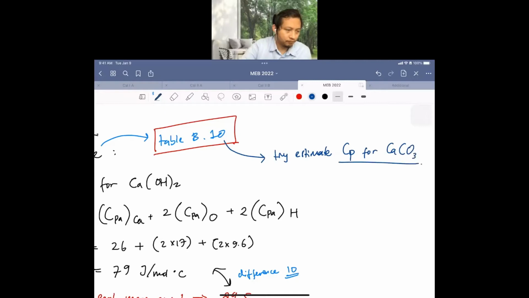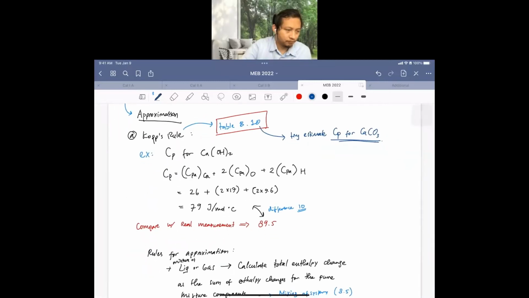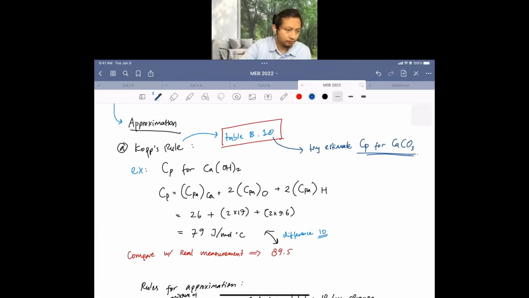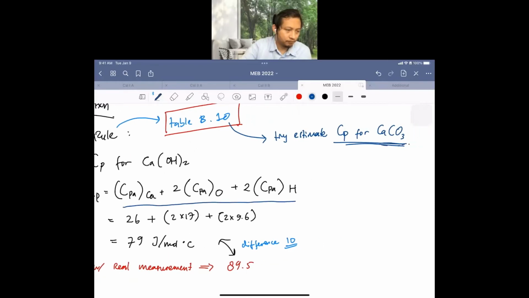Try to find the Cp using table B10, and basically what you need to do is make this breakdown based on the molecules: 1 calcium, 1 carbon, and 3 oxygens. So 1, 1, 3.